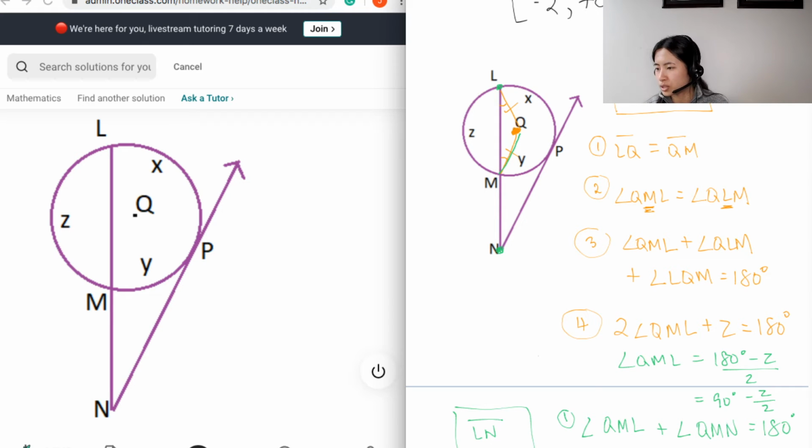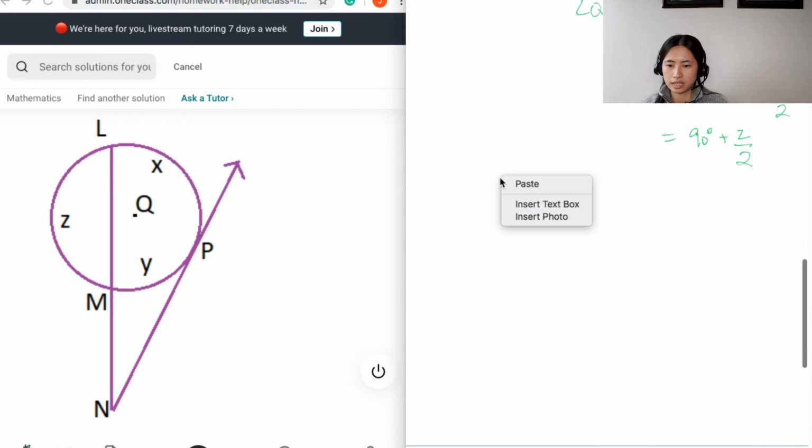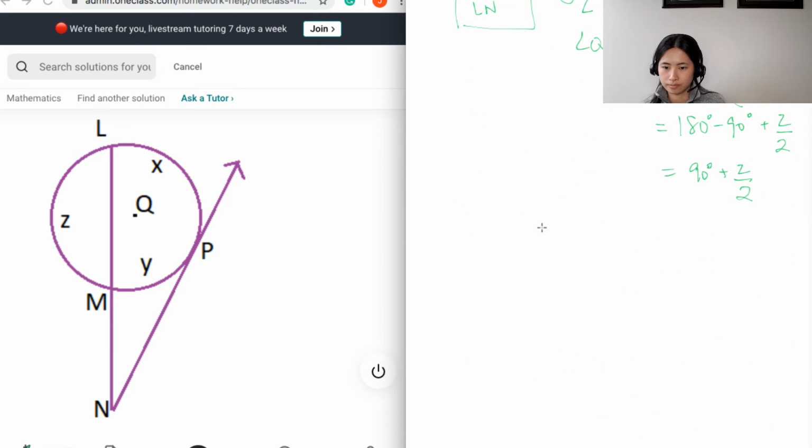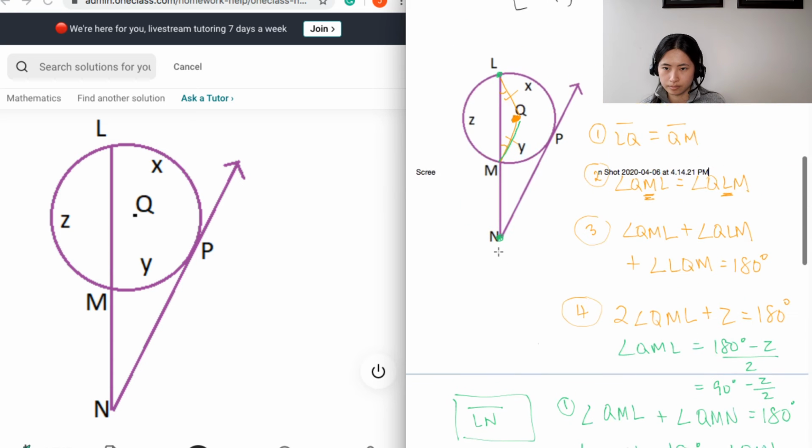So again, I'm going to see if I can copy this, because we're going to be drawing a trapezoid, and I think it's just easier for you to have the image right in front of you. It doesn't work. Okay, give me 1 second, guys.